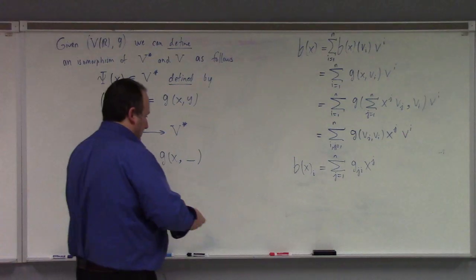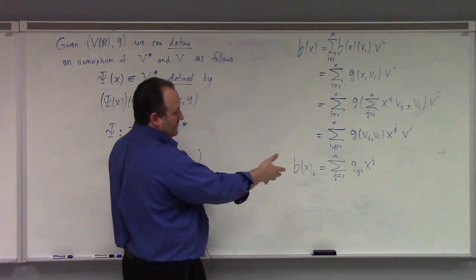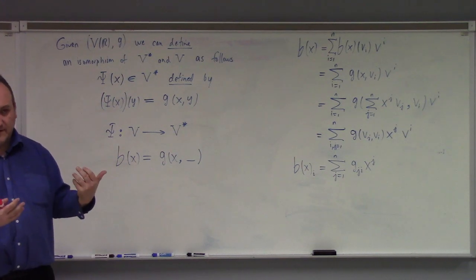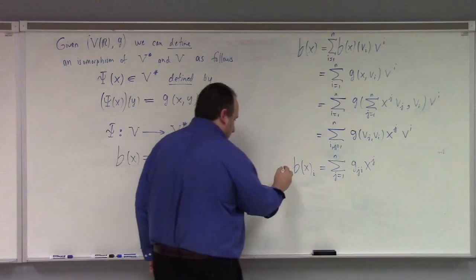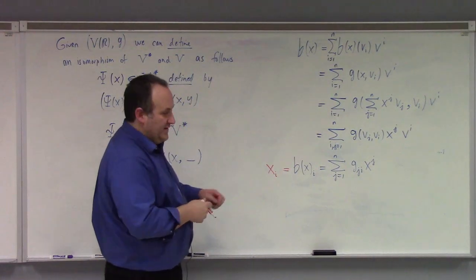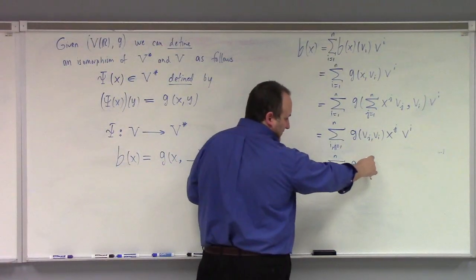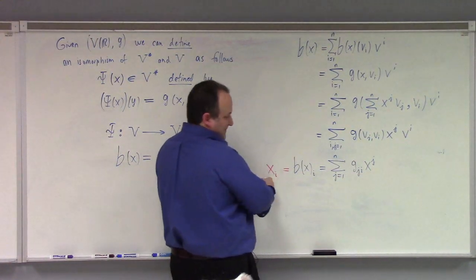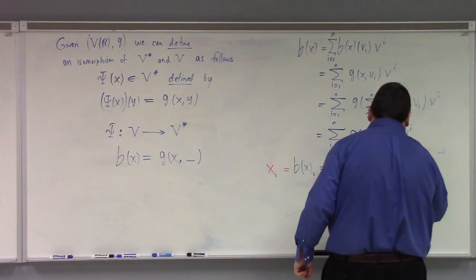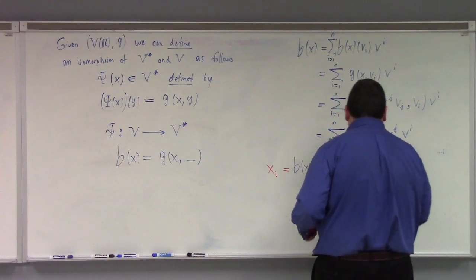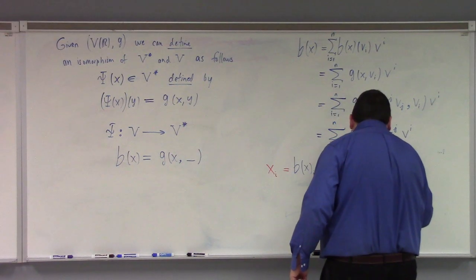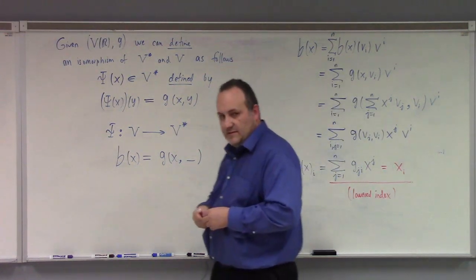So what they do is they say, oh, the flat of x, it's the same vector, just written covariantly rather than contravariantly. And so physicists will just say this is equal to x sub i. See, what's going on here is you use the metric to lower the index. That's the deal.